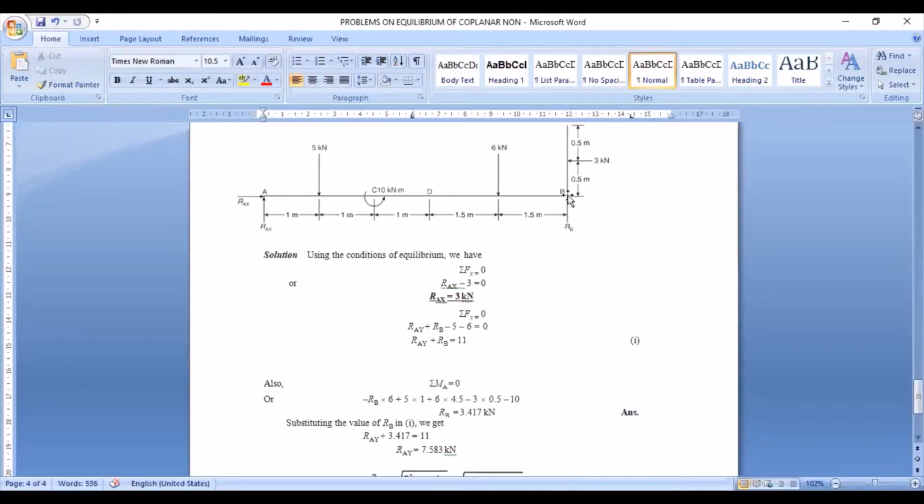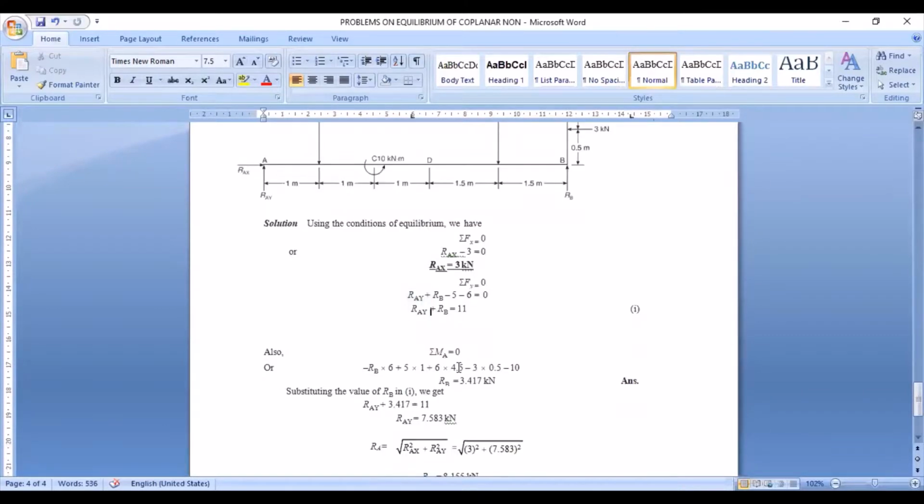Next you have Rb, moving upwards, so positive Rb. 5 kilonewton moving downwards, so with the negative sign, minus 5. And 6 kilonewton which is acting downwards, therefore minus 6. Again you have 2 unknowns here, thereby rearranging the terms you can write this as Ray plus Rb is equal to 11 kilonewton. You can take this as equation number 1.